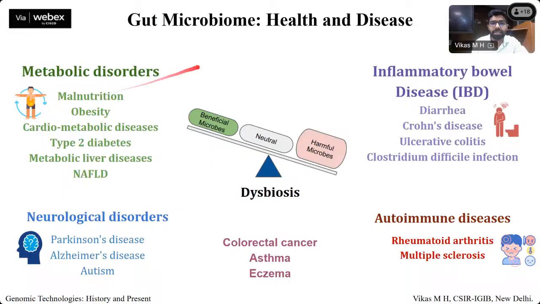So when it comes to microbiome, one of the fields that is gaining a lot of recognition these days is the gut microbiome, and how it is involved in health and disease of the host.